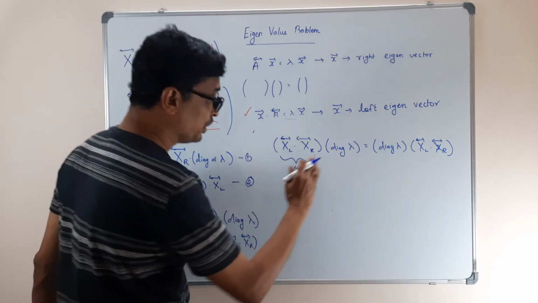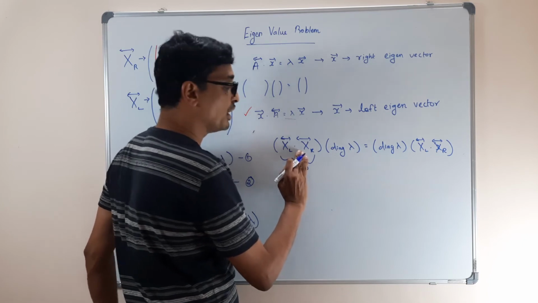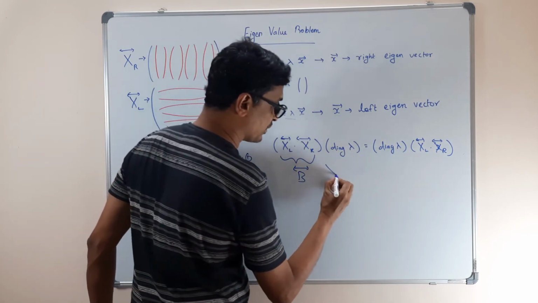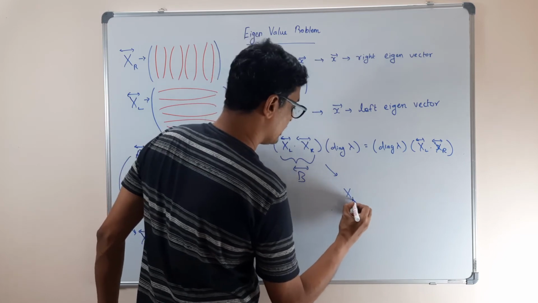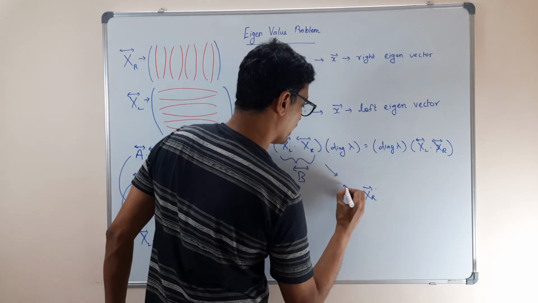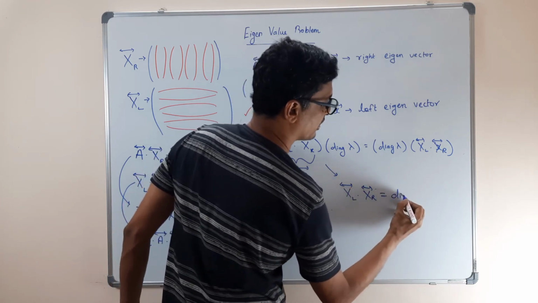So if this is a diagonal matrix, this also has to be a diagonal matrix, then only they both will commute with each other. Therefore, this tells you XL dot XR matrices should be diagonal.